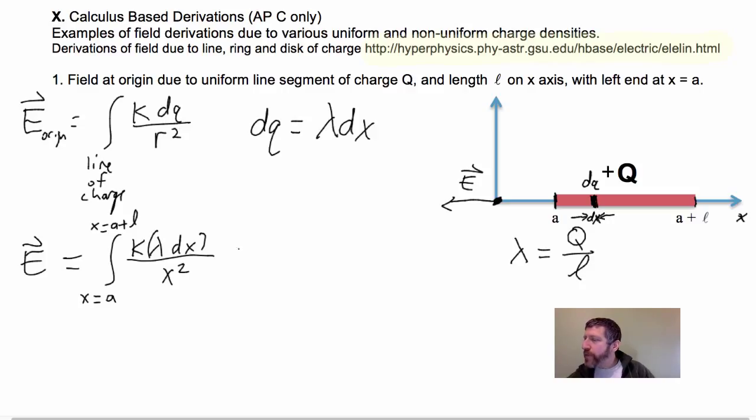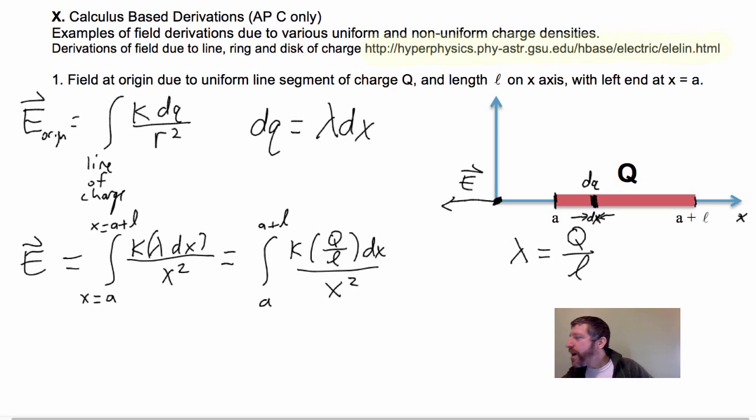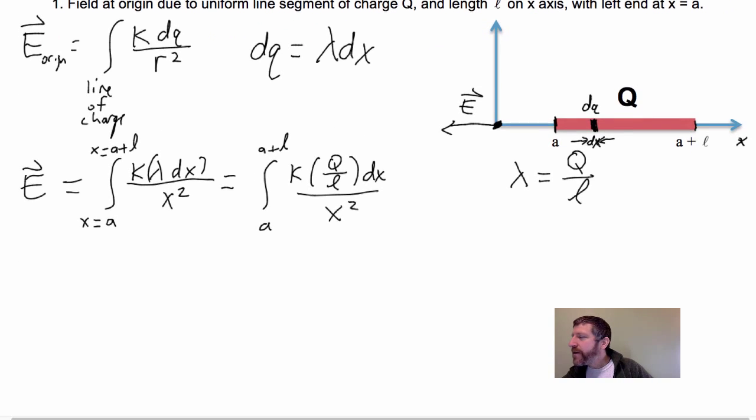I'm going to simplify this one more time. That's going to give me the integral from a to a plus L of k times lambda, which is q over L, times dx over x squared. So what I'm going to do is take out everything that is a constant.